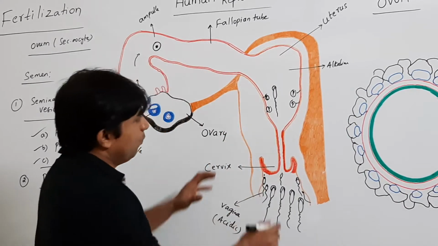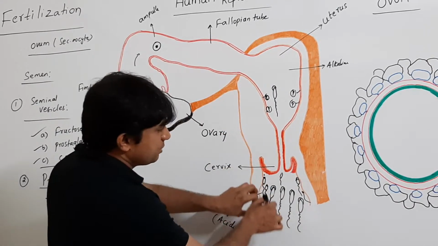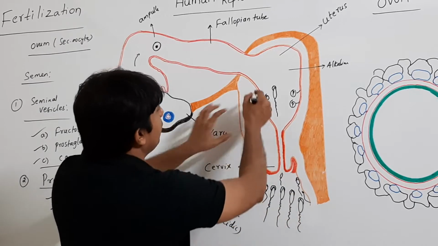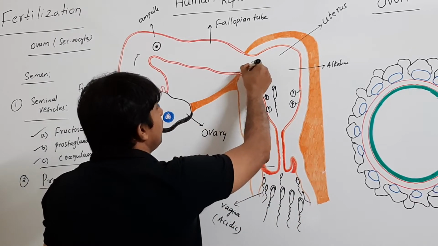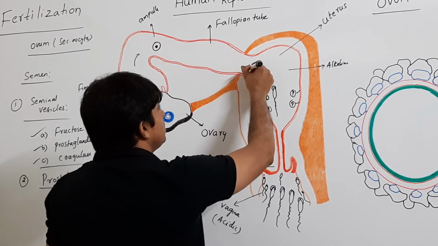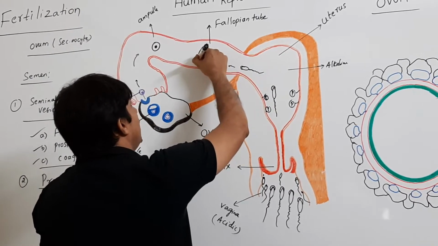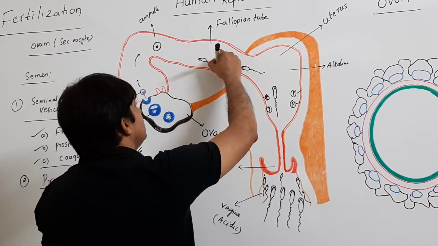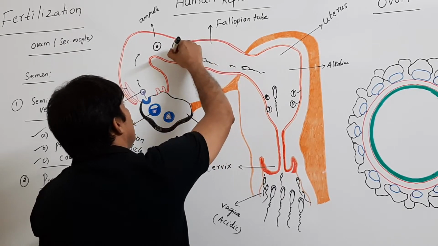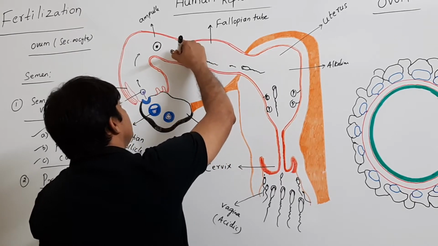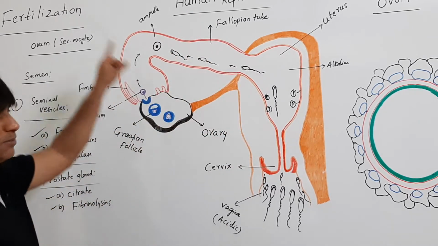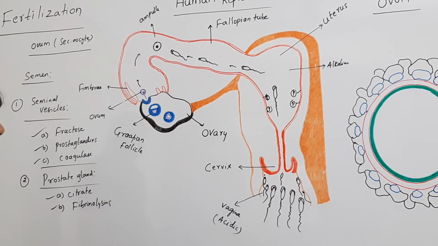Of all those millions of sperms, very few, perhaps a few in hundreds, make their way all along to the ovum.